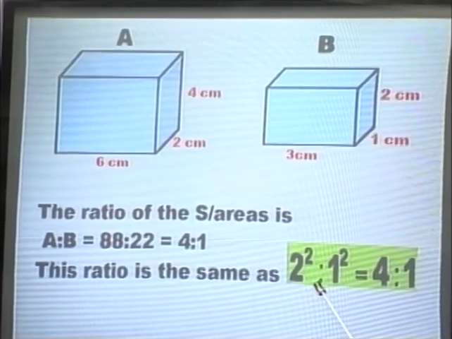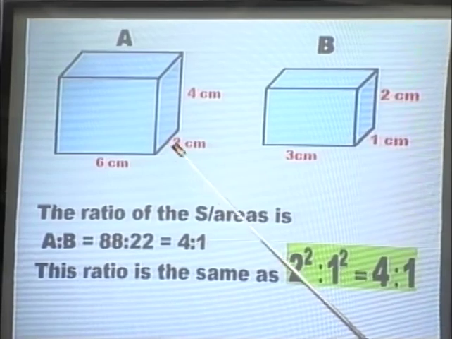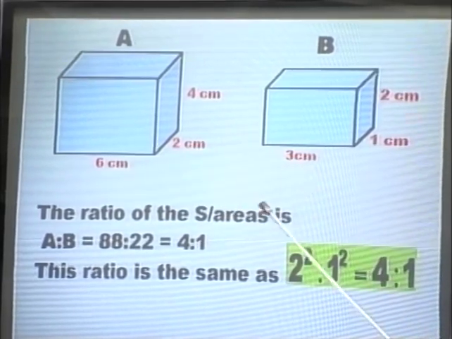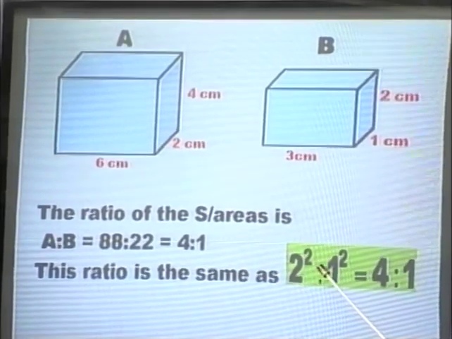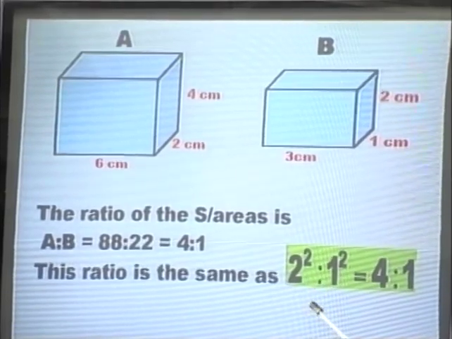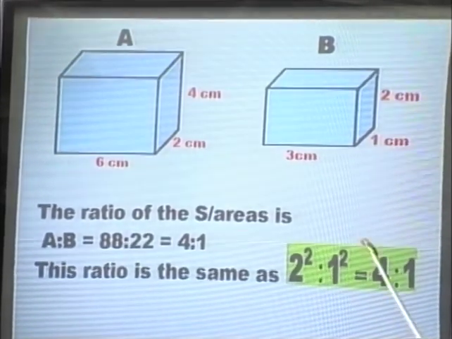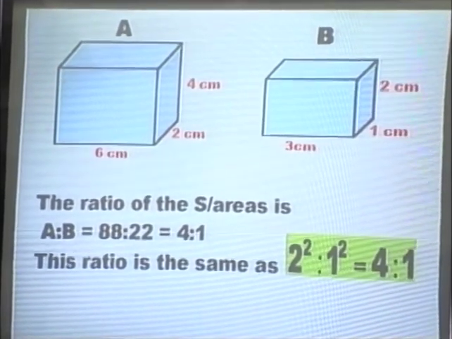So what actually happens here is that to get the ratio of the surface areas, instead of calculating the actual surface areas, you just square the ratio of the lengths, because 2 squared is 4 and 1 squared is 1. Is that bit clear?